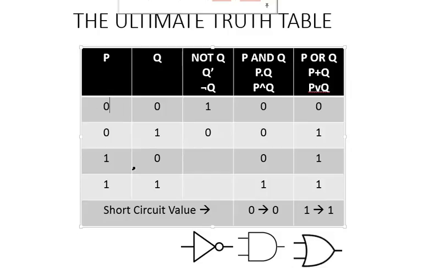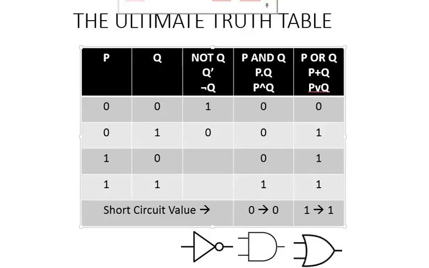If any input is a 0, then for an AND we get a 0 as an output. With regards to OR, if any input is a 1, then automatically we get a 1 out, and we only get a 0 out on an OR when all the inputs are 0.